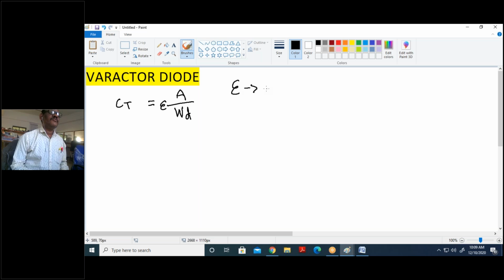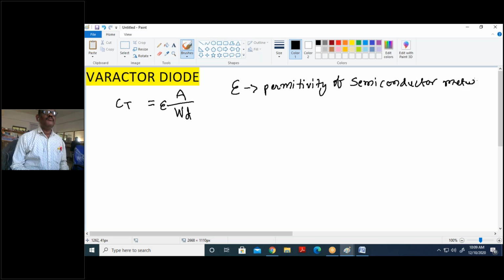and WD is the depletion width. This depletion width varies with respect to reverse voltage.